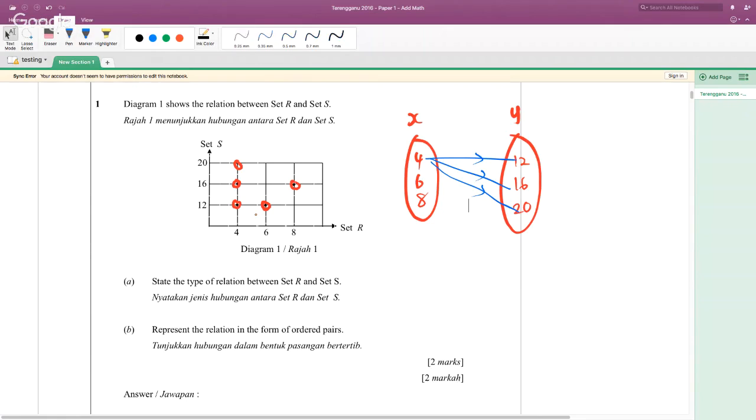However, for 16, 4 connects to 16 and 8 also connects to 16. So in this case, it's just the many to many type.